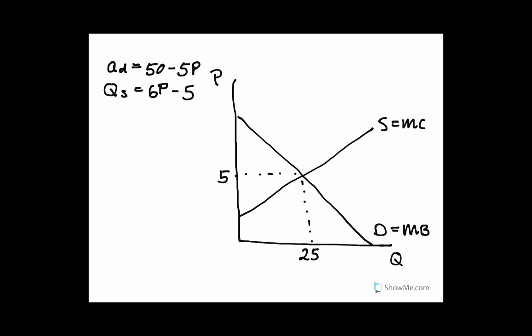So in that case, we can apply, say, a $1 tax, a tax of t equal to $1 to try and compensate for that negative externality. So remember that the social cost, because there's a $1 negative externality here, the marginal cost of the market, the social cost is going to be $1 higher, right?